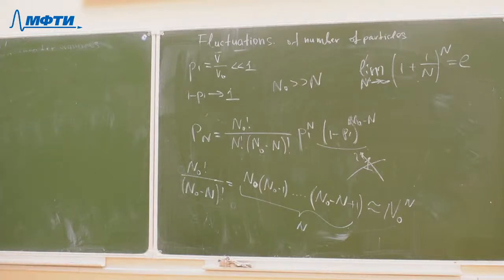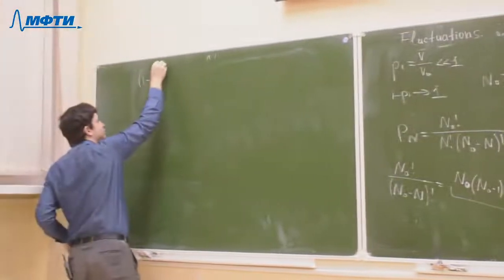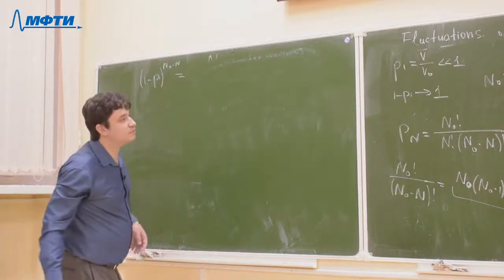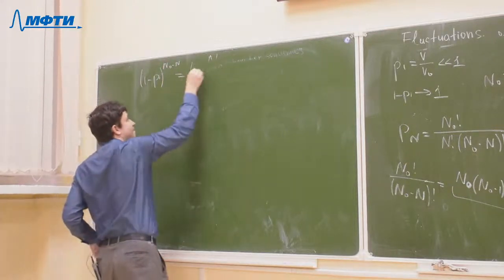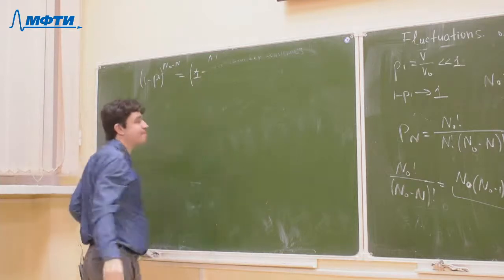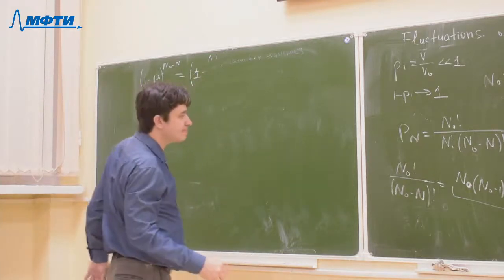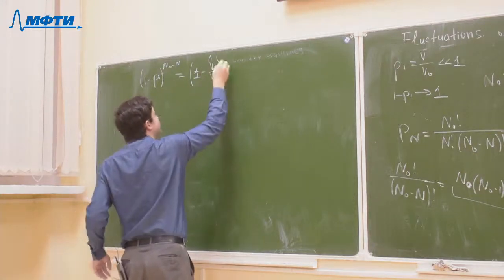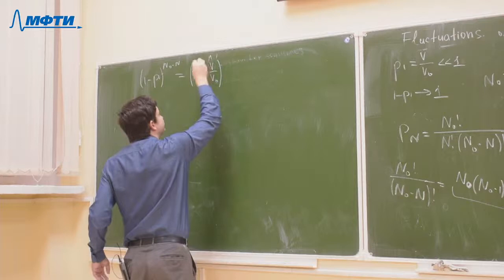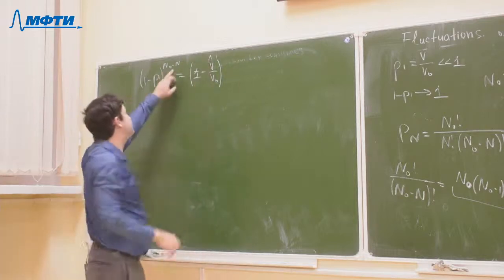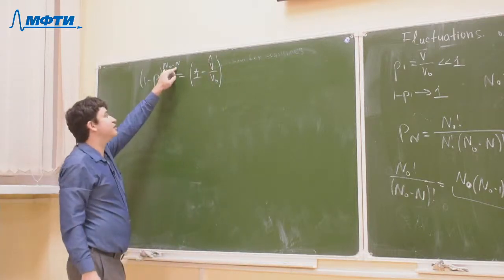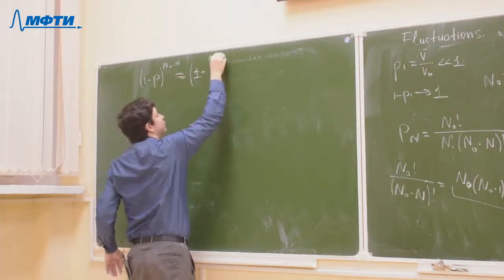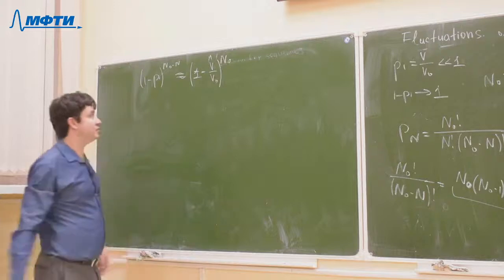Okay, here we have (1 − p1) to the power n0 − n. I can assume that since n is much lower than n0, this is approximately equal to this to the power n0.